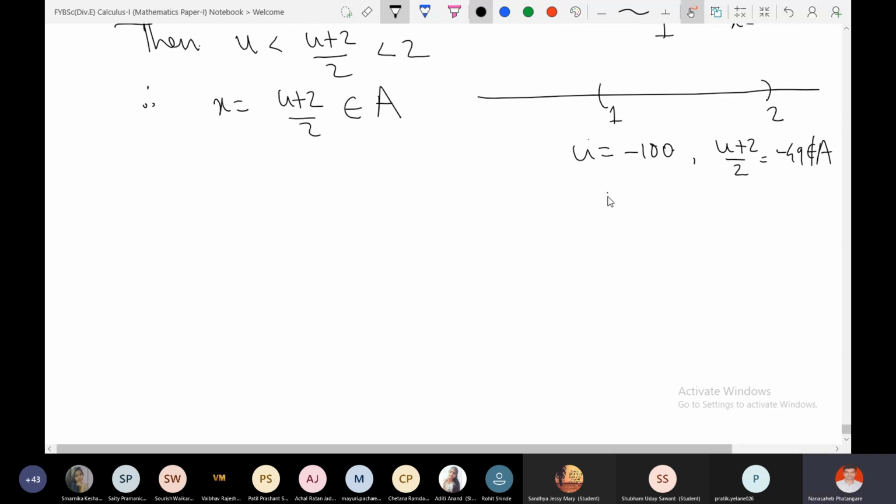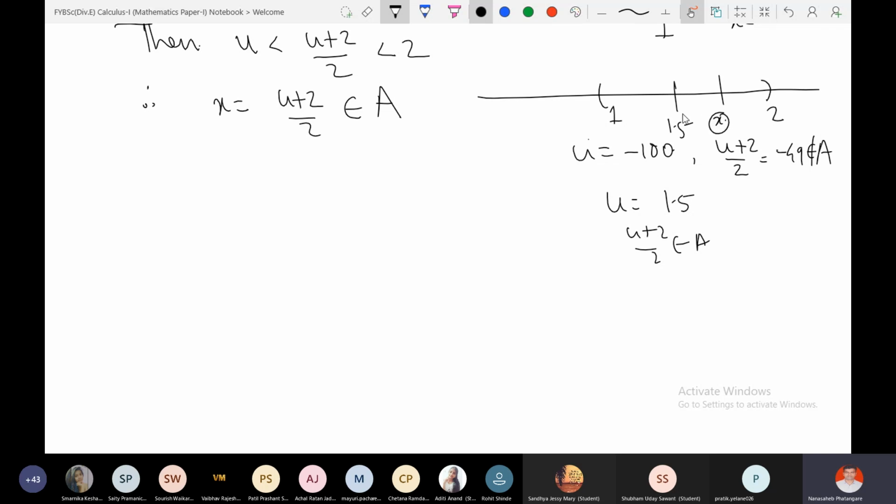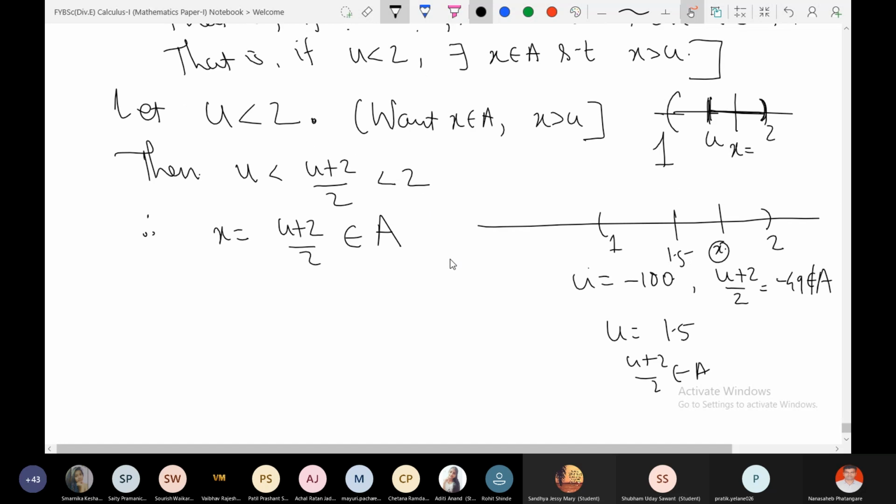If my u is for example 1.5, then no problem, (u plus 2) by 2 is a member of the set. Because 1.5 is here and I take the mean, this is the mean here. In that case no problem at all, but in general there is a problem, right? So what should I take in this case?